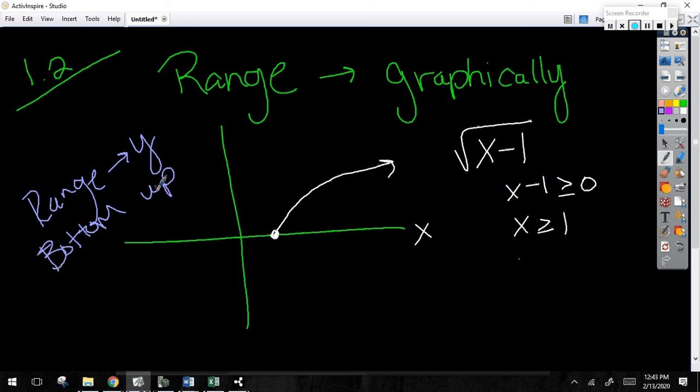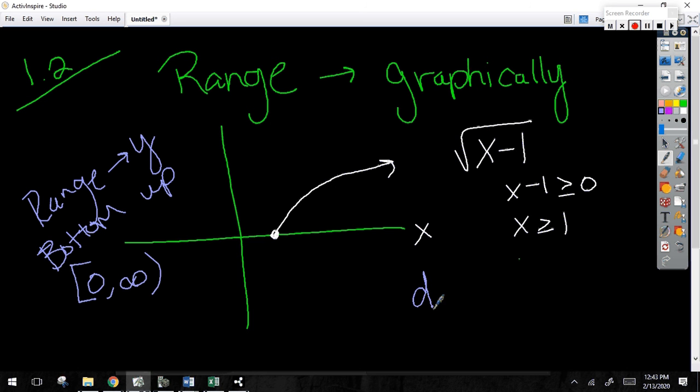And looking at this particular one, how low does it go? How low can you go? 0. That's the lowest it goes, right? Does it include 0? Yes, so I'm going to put a bracket. And then it just goes up forever. Nothing stops it, right? So the range is from 0 to infinity.